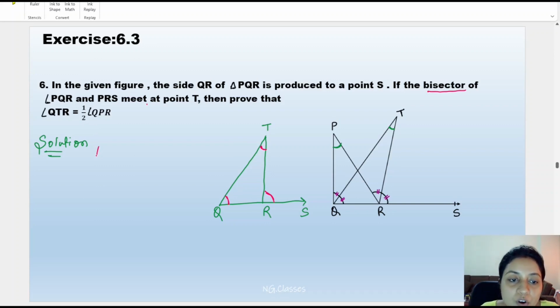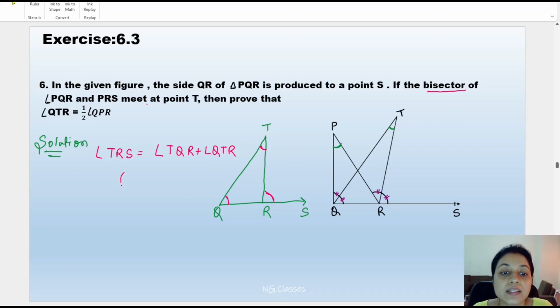So we got from here that angle TRS is equals to the sum of angle TQR plus angle QTR. All right. And here we have to write it in bracket the previous theorem that whenever we are producing one of the side, then exterior angle is equals to the sum of two opposite interior angle. Let's say this is equation 1.